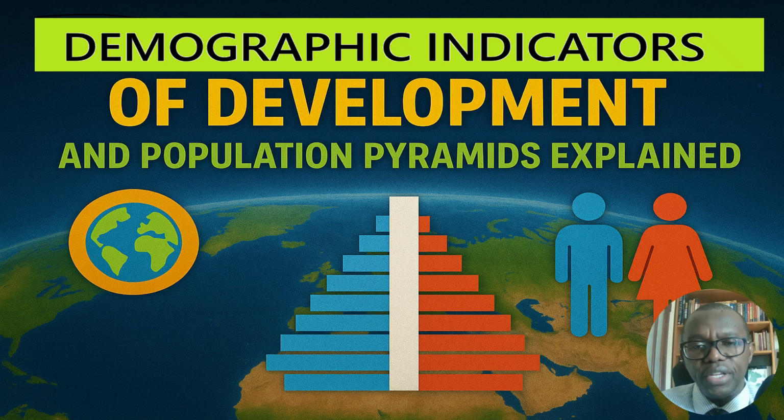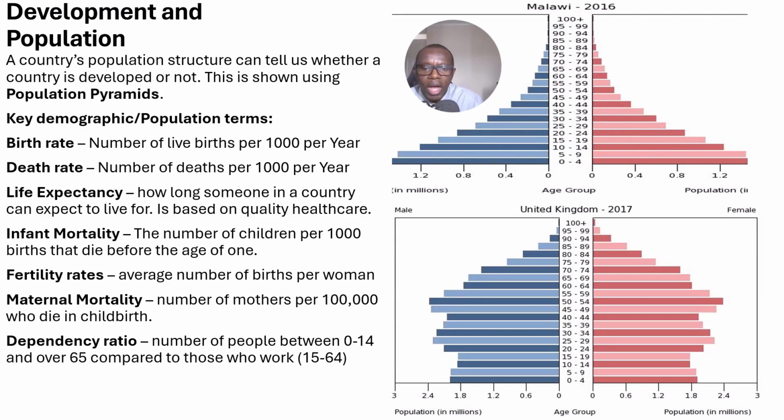In today's video, we are going to be talking about demographic indicators of development and population pyramids. This information is relevant for the development unit in all the GCSE geography specifications. Okay, let's get started. On this slide, we have two population pyramids.